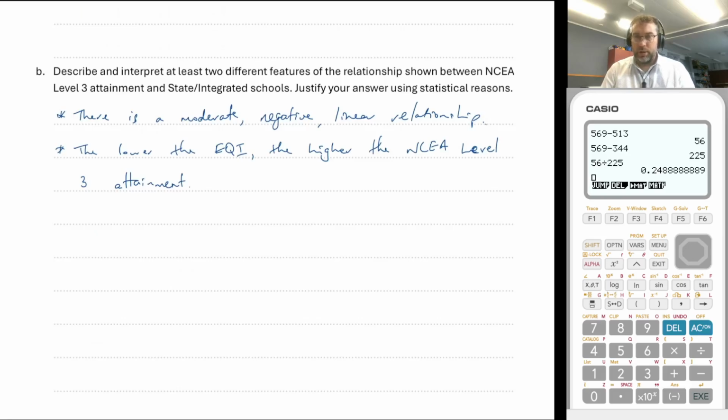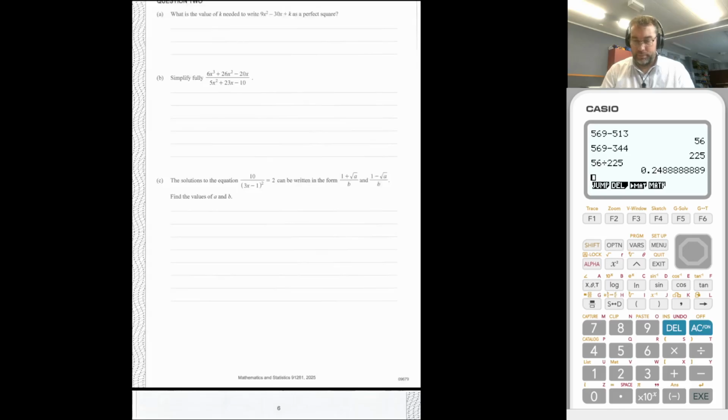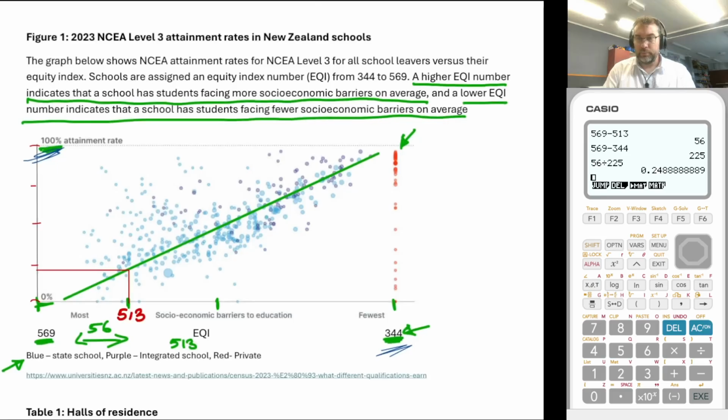We could also look at a few things about the way the data is shaped. So I can see that the spread of the data, if I look in the higher part of the graph there, or that quarter there, things are pretty close together, but lower down, the spread is bigger.